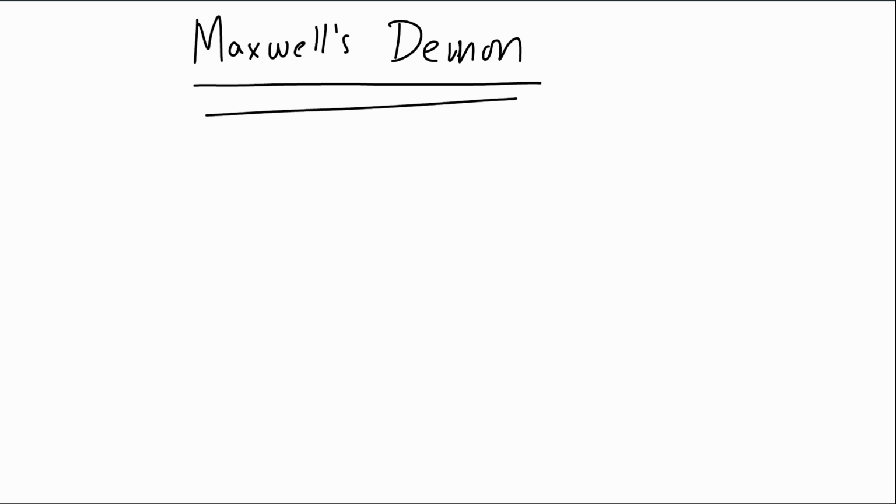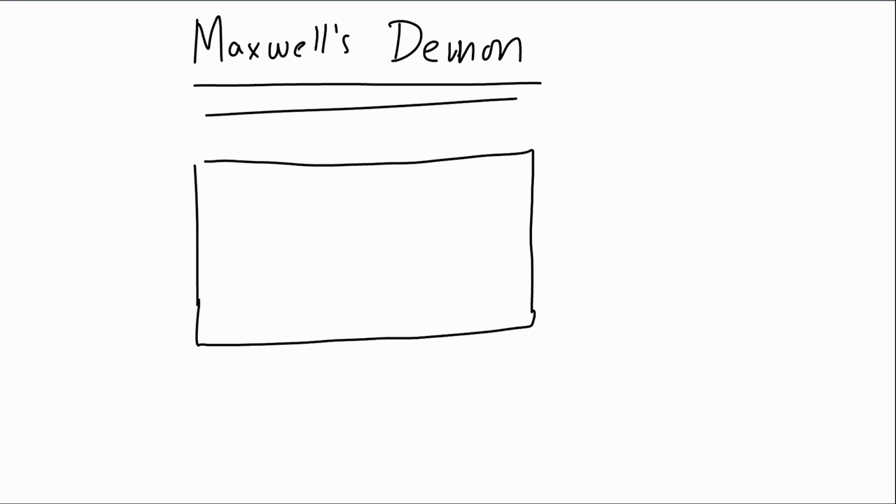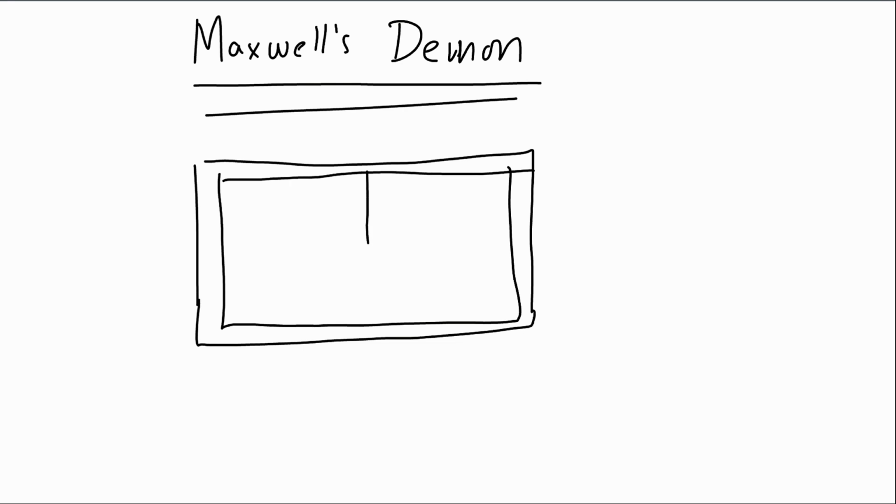So that's the same Maxwell, and he had this idea. This is like the free expansion kind of in reverse. So we have our box, and we have our partition, and we have our hatch, right? So that's the hatch. We can open and close that.